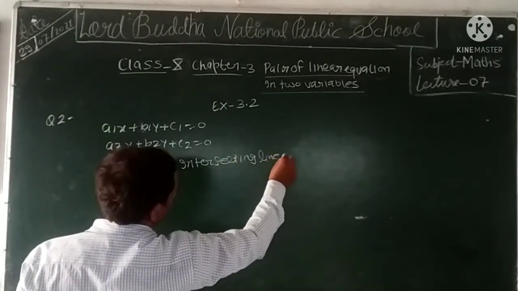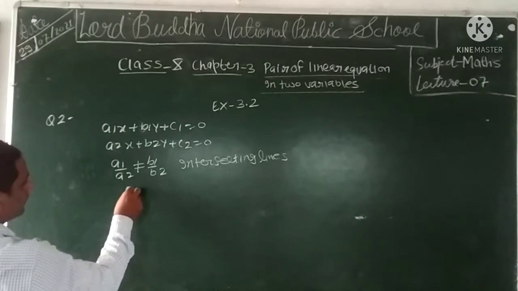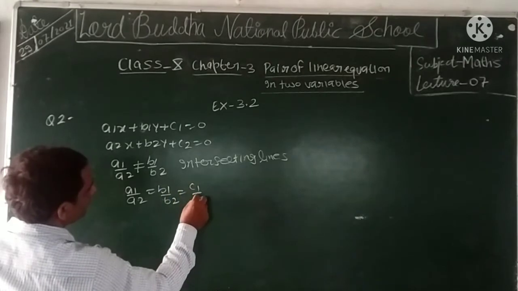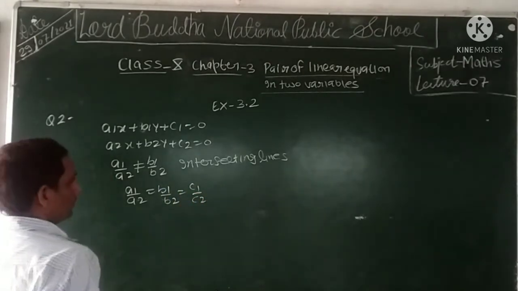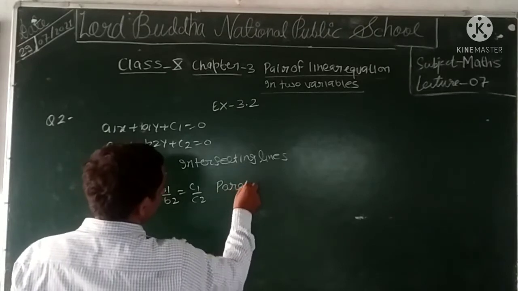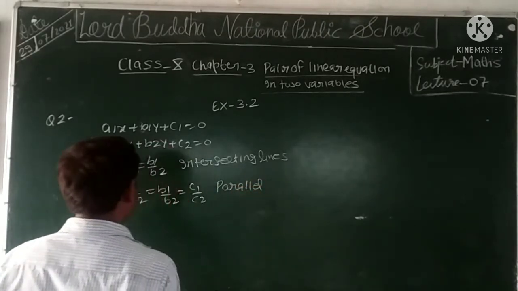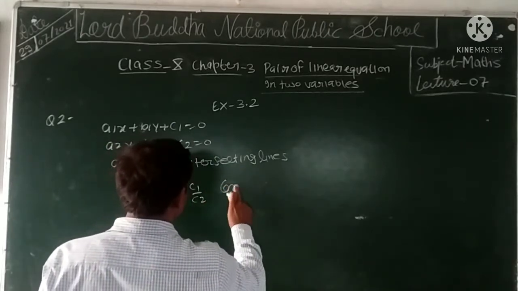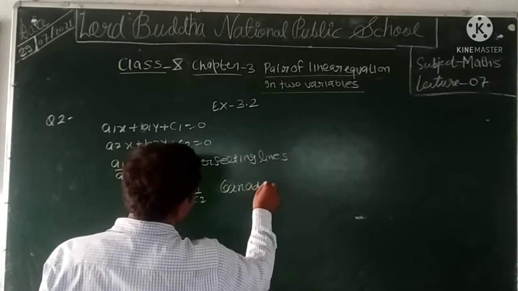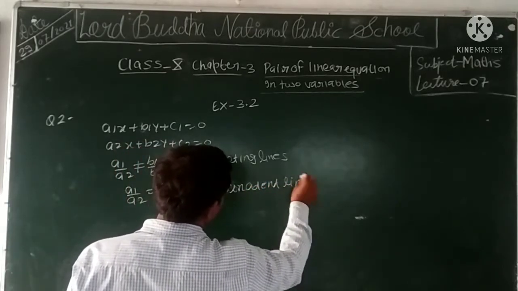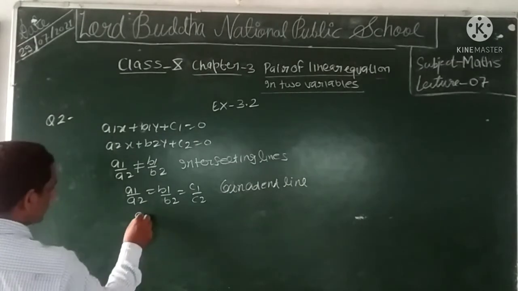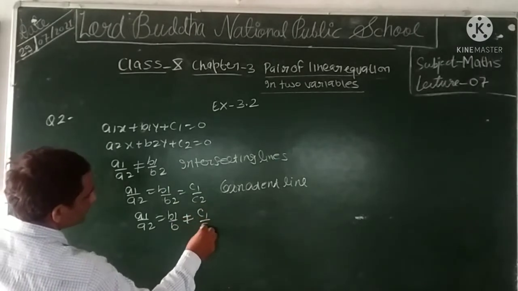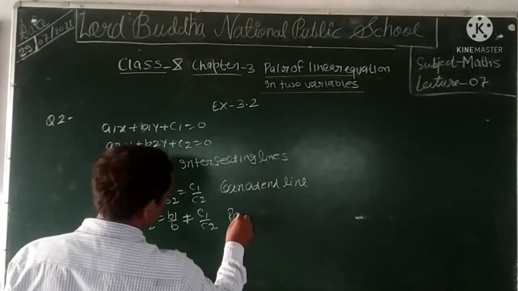Next, if A1 upon A2 equal to B1 upon B2 equal to C1 upon C2, it means coincident lines. And A1 upon A2 equal to B1 upon B2 not equal to C1 upon C2 means parallel lines.